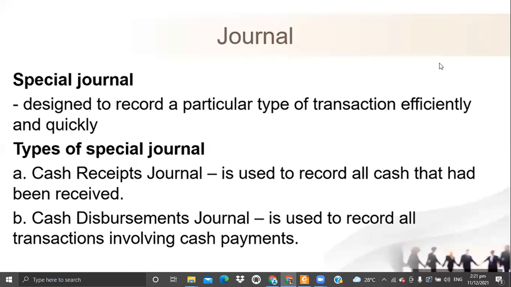And then cash disbursement is used to record all transactions involving cash payments, like purchases. A journal is a book of original entries, so for normal transactions we record in the journal with debit and credit. For cash receipts, we record all the cash we received there, but normally that is really sales, because that is where we receive cash.